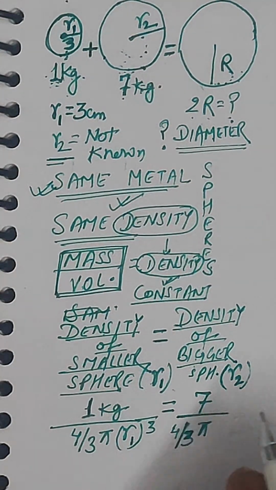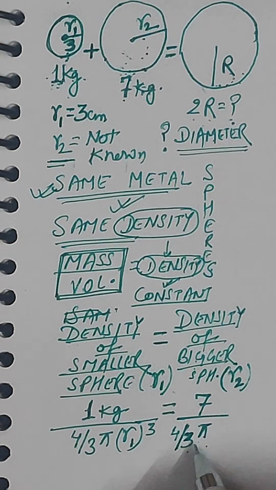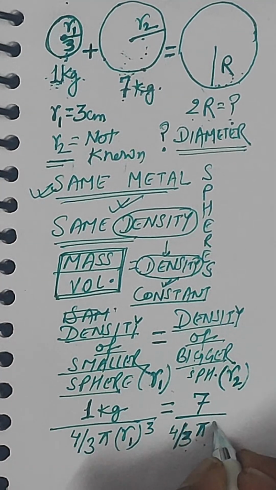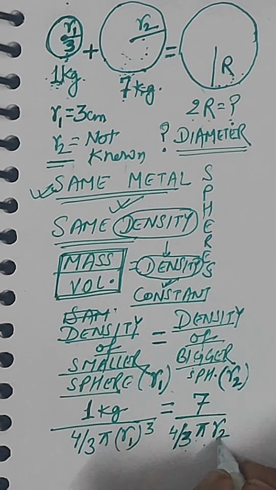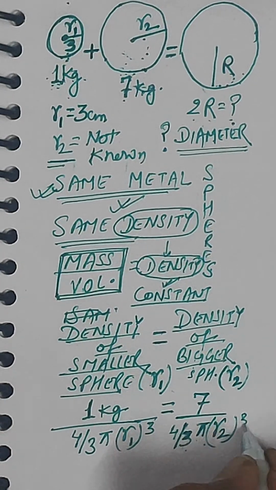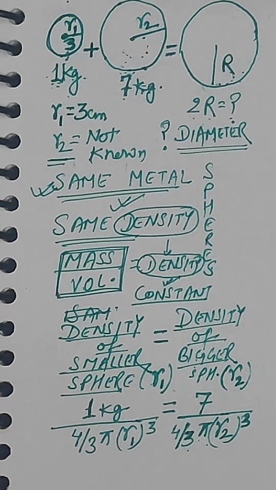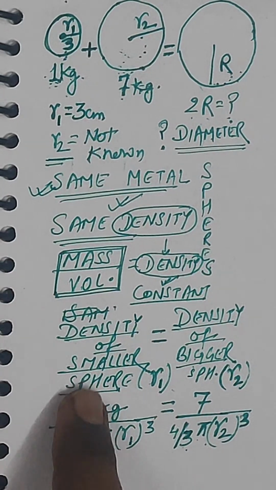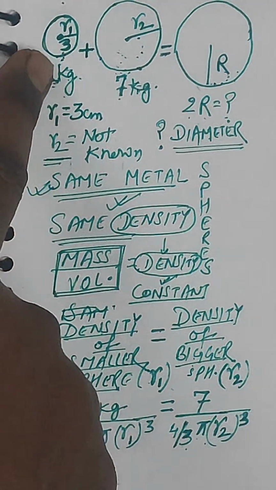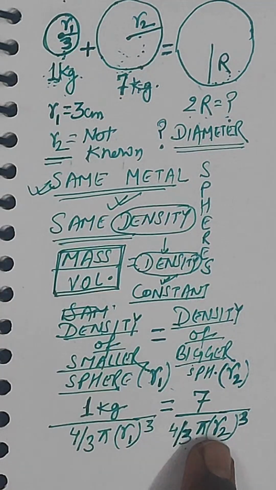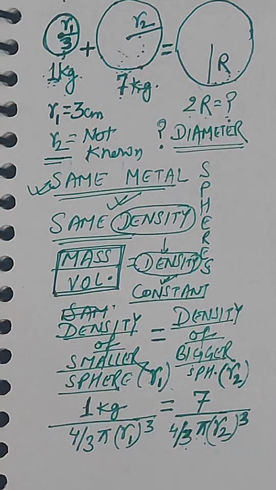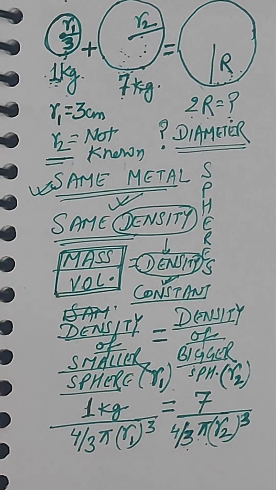This is the formula of the volume of a sphere: 4/3 π r³. So here we will be using r2 because this is the second sphere. So the density of the first sphere is equal to the density of the second sphere. This relation we have used.